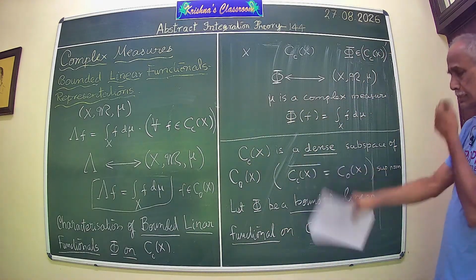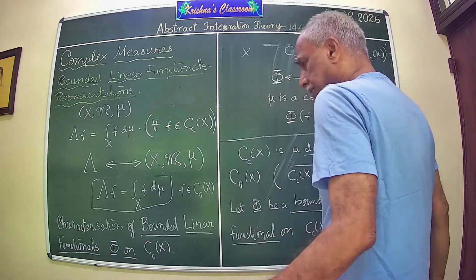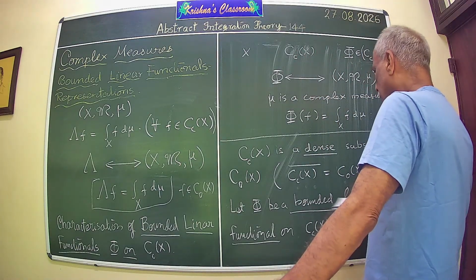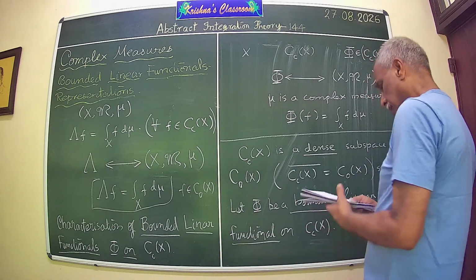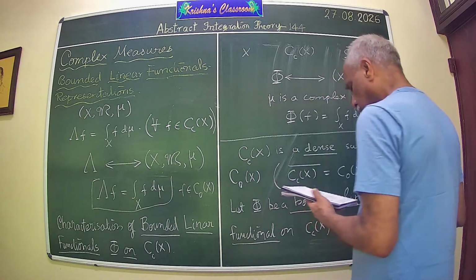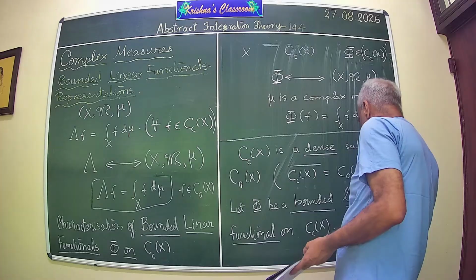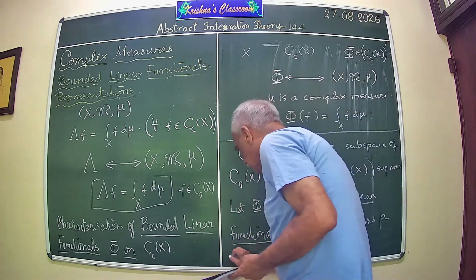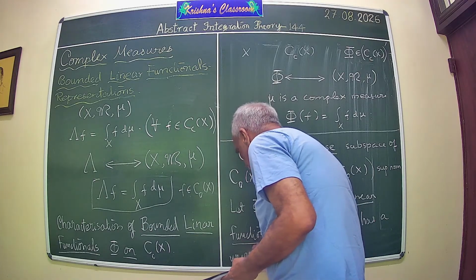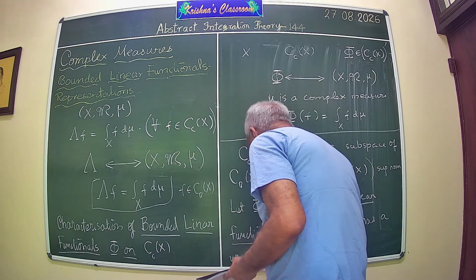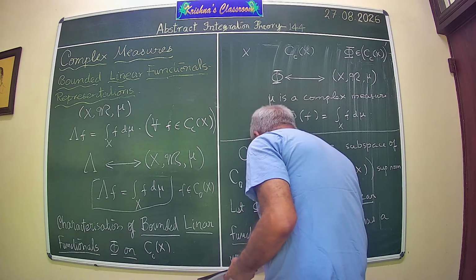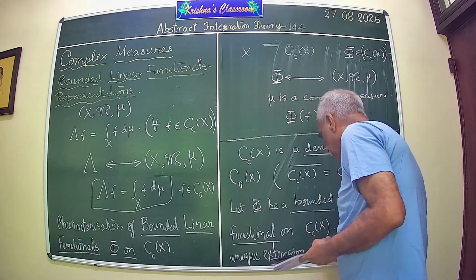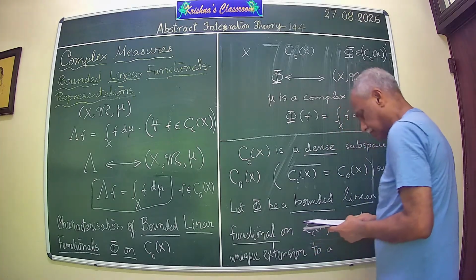And CCX is dense in C naught X. Therefore, what you can do is this: the bounded linear functional phi has a unique extension to a bounded linear functional on C naught X.